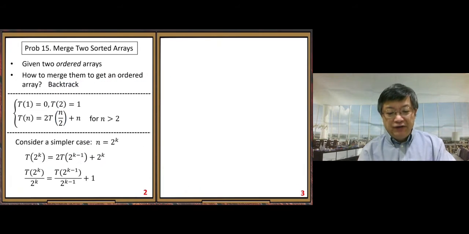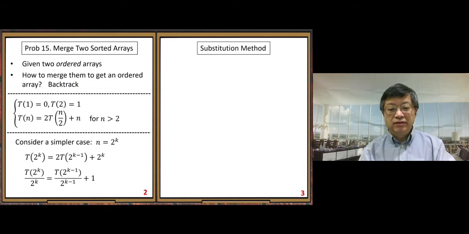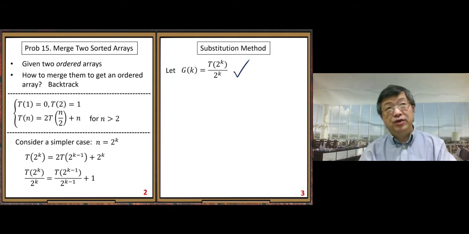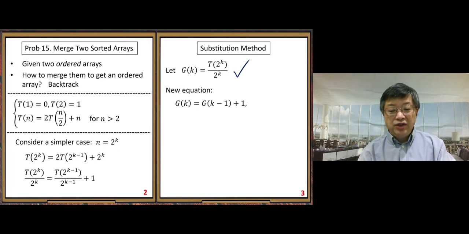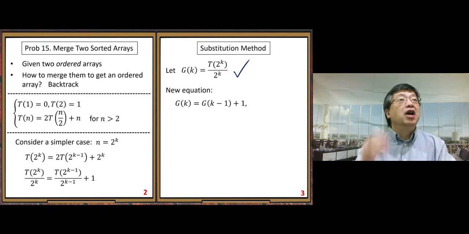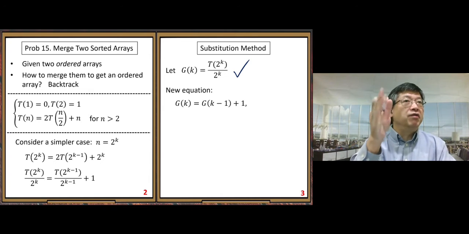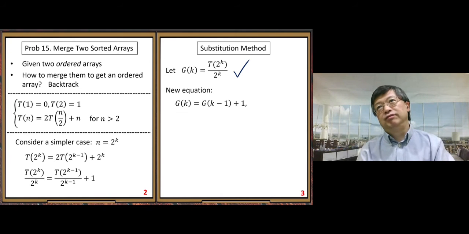After this simplification, we do substitution and simplify the original recurrence equation. The new equation is as simple as this: g of k equals g of k minus 1 plus 1. That's very simple, right?